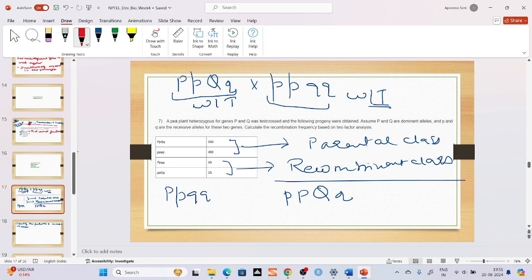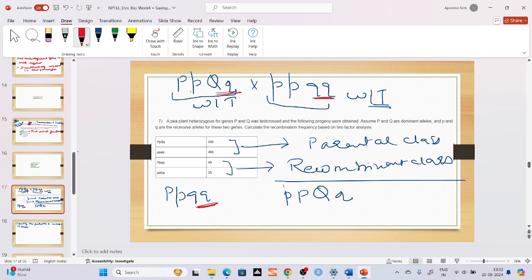P and P are the same, but this QQ resembles that of the second recombinant class QQ. So that means there is a change at QQ here.